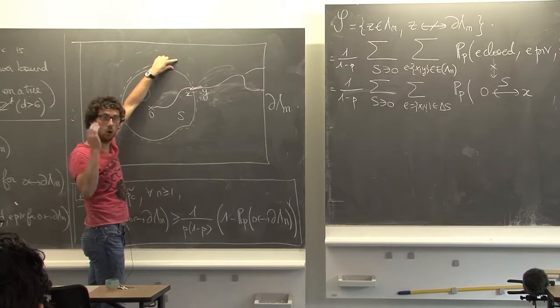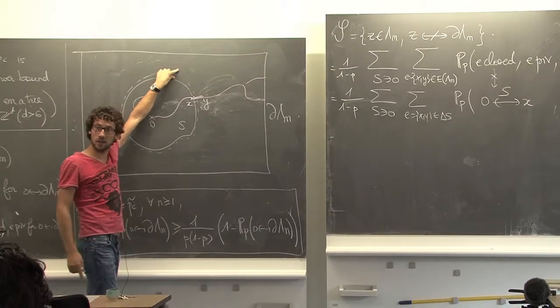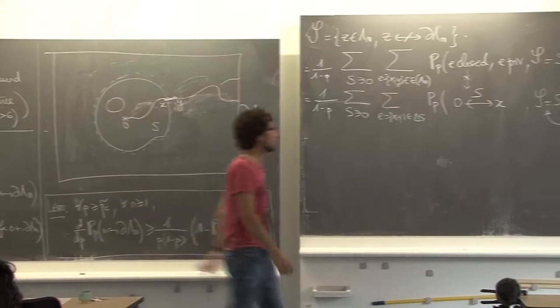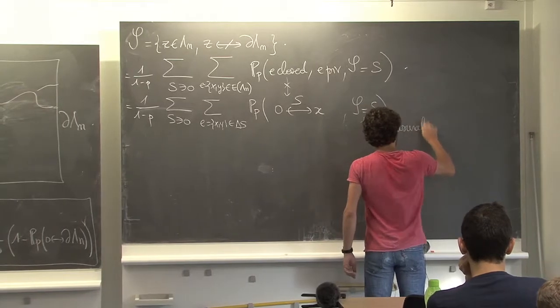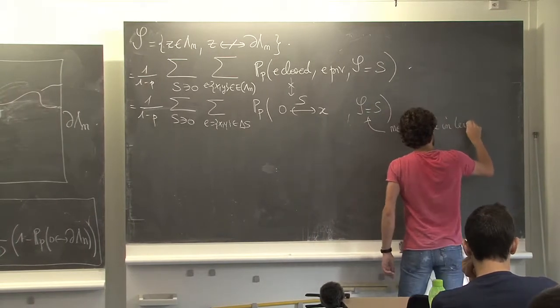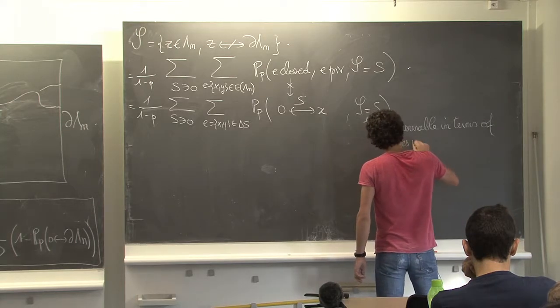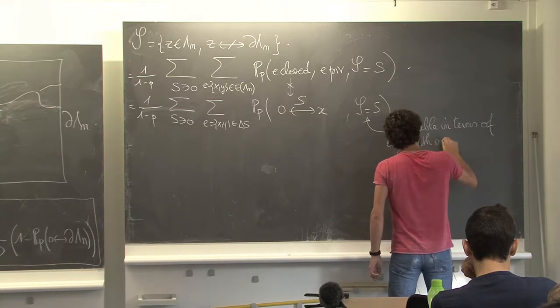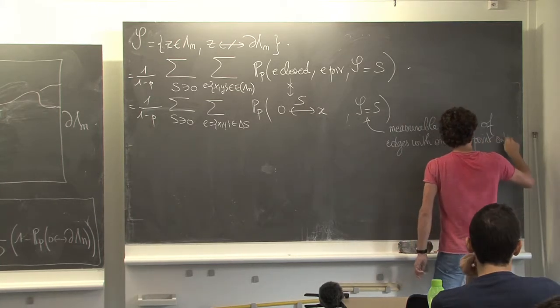So I need to know all the edges with at least one endpoint outside of S. So this is measurable in terms of edges with one endpoint outside of S.